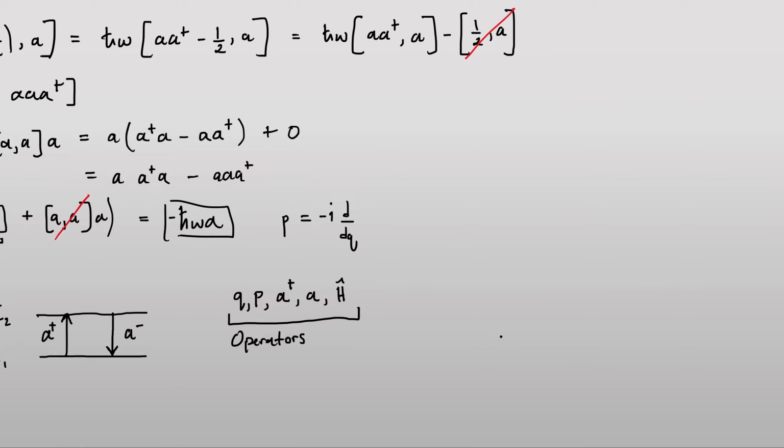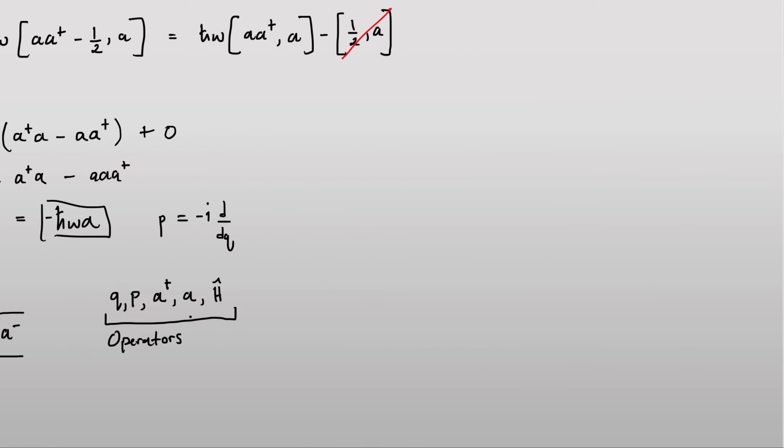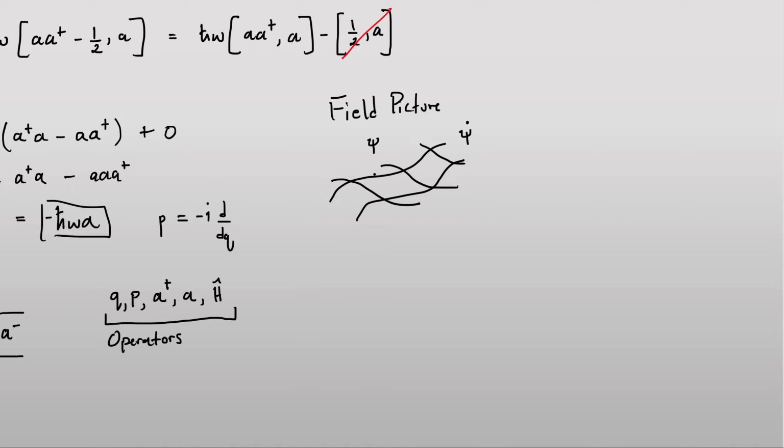So if we were to go back to this picture, this is where I'm going to go back to the field picture that I've been stressing. So I've had this field picture where we have some field, and we have the derivative and the non-derivative of our states, right?